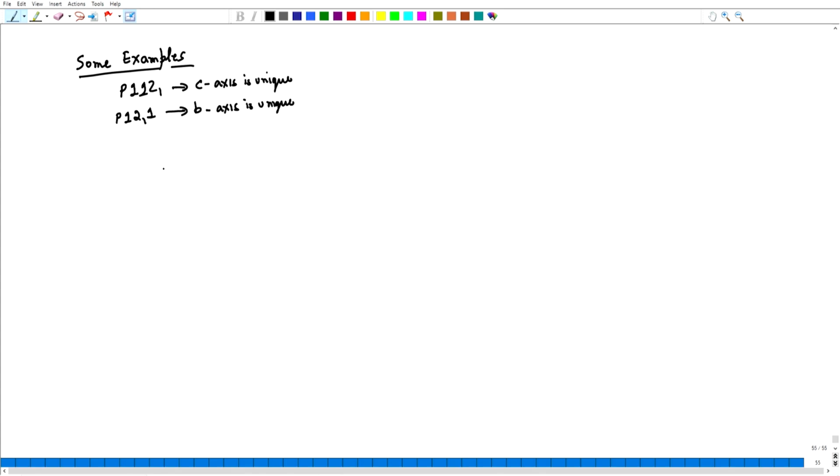So, in that case, here 2 sub 1 is parallel to B. So, this is C, this is A, and the B axis is perpendicular to the AC plane.